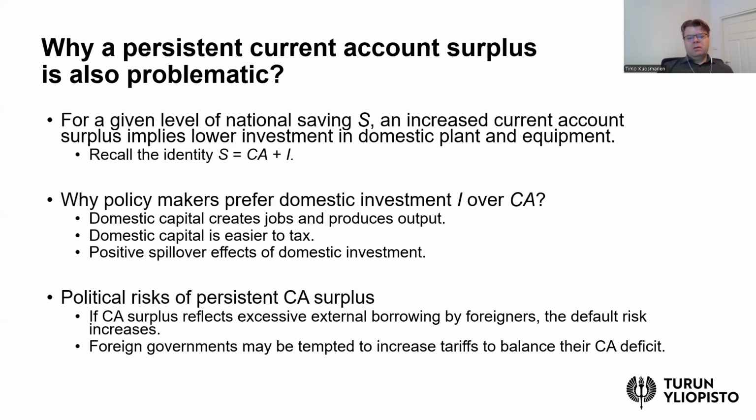And typically, of course, domestic policymakers would prefer domestic investment over building assets based abroad. When you increase the capital stock in the home country, jobs are created, this increases your output, and therefore you can also collect domestic tax revenue, and there can be many kinds of positive spillover effects into the domestic economy.